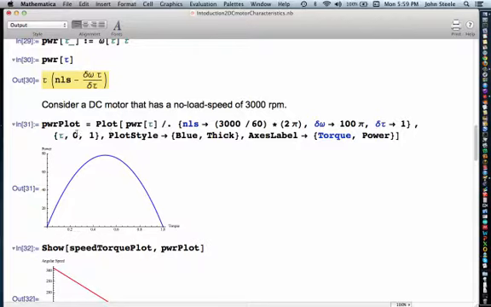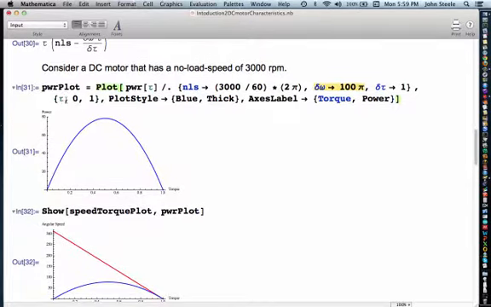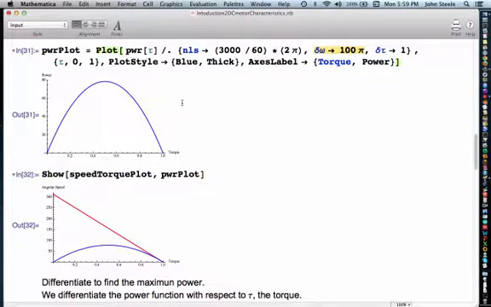Okay, so if I then plot that with some values, again, the no load speed is 3,000 RPM converted into radians per second, and delta omega of 100 pi radians per second, and delta tau equal to 1 unit, again probably Newton meters or Newton millimeters, and I do that for this range, then I get a plot that's shown here, this parabolic curve.